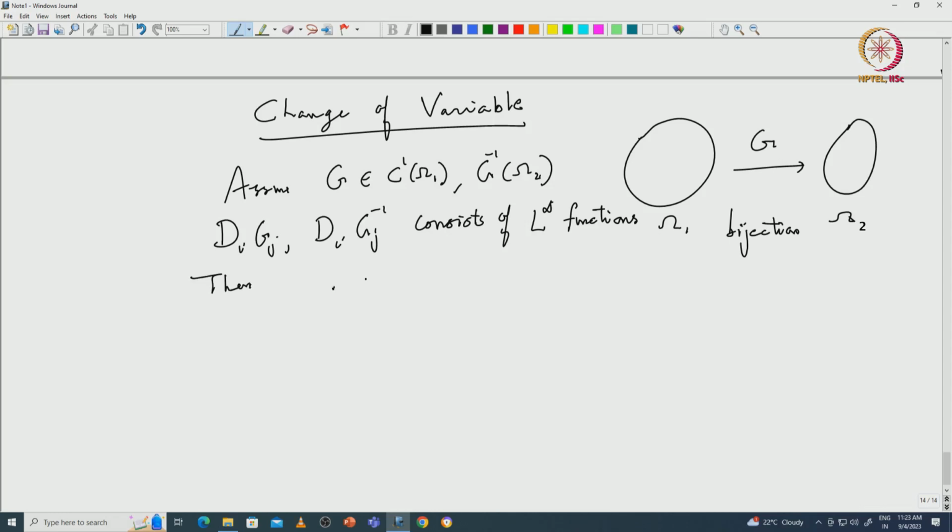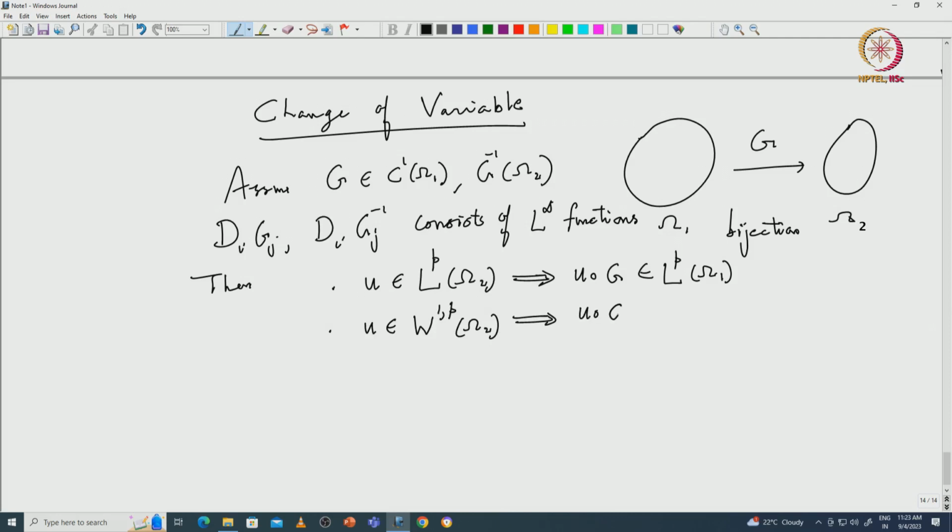Then the main thing: if u is in LP of omega 2, it implies u composition G, which is a function defined on omega 1, is in LP of omega 1. So, under a smooth transformation, it preserves the LP spaces as well as Sobolev spaces. If u is in W1P of omega 2, then u composition G is in W1P of omega 1.